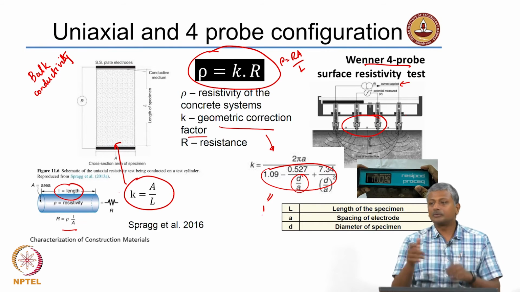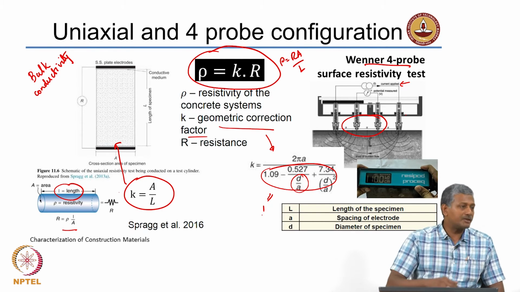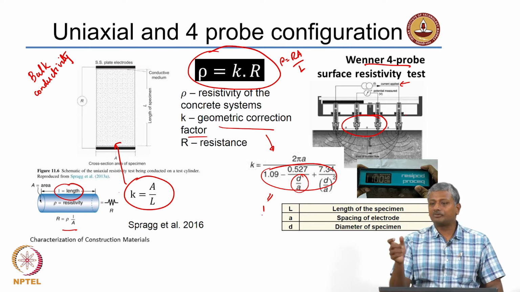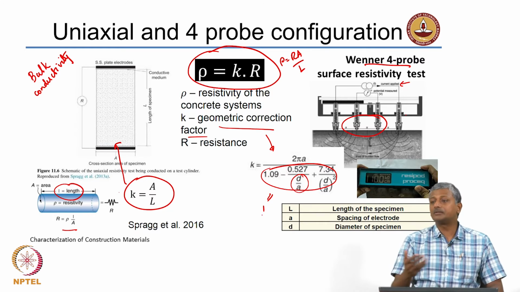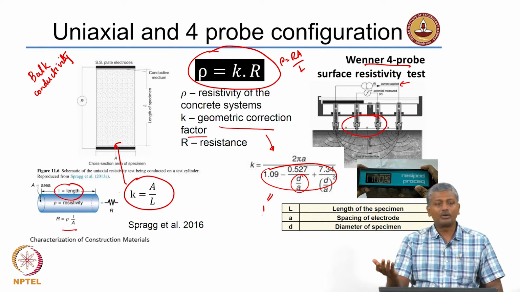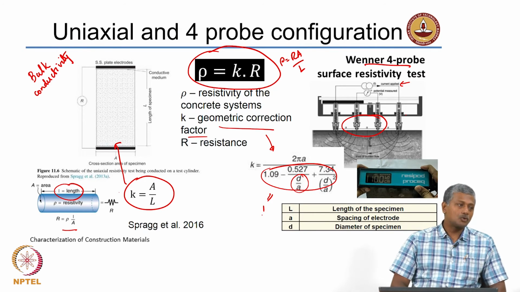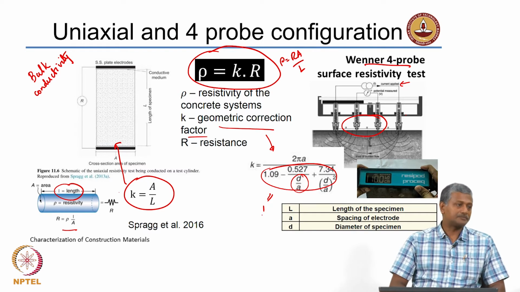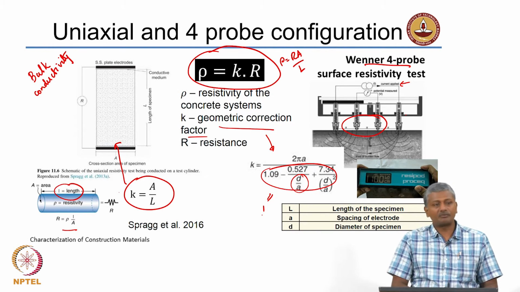The commonly available instruments that you get from the field, the commercially available instruments, have a spacing A of 38 millimeters or 50 millimeters typically. So, if you say 38 multiplied by 4, you are talking about a minimum size which is at least 150 mm, or at least the length of flow should be 150 mm. In one direction at least you should have a spread that is equal to about 150 mm.